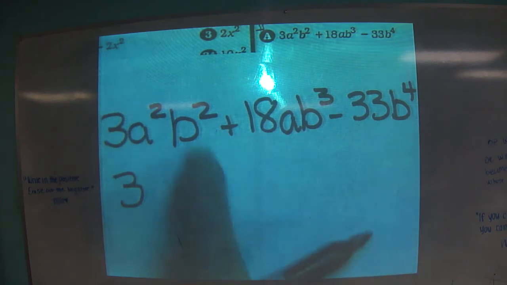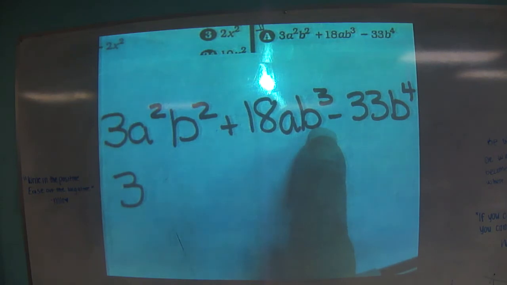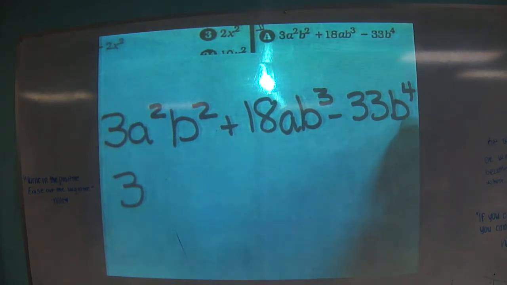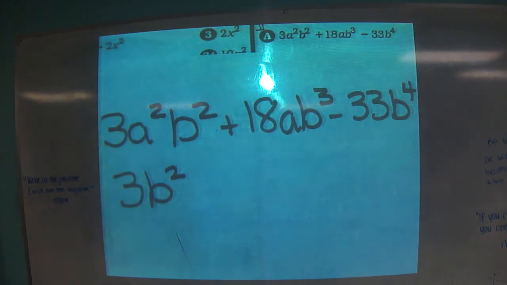There's 3 here, so there's at least 2. Are there 2 here? So they have b squared in common. We can factor it out. I just want to show you a shortcut. Okay?